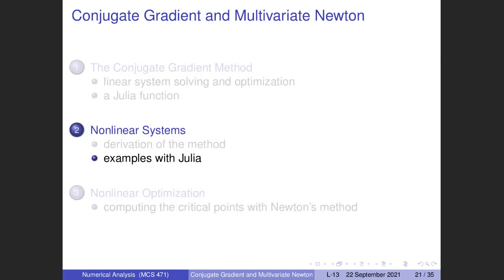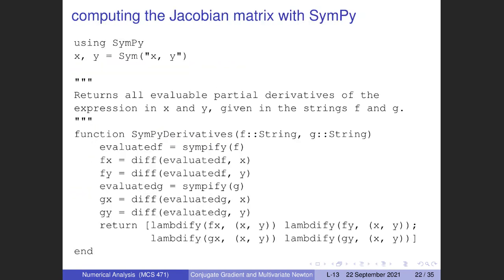All right, so we are going to implement this in Julia using Sympy, generalizing here to two variables. It would be an interesting exercise in symbolic computation to make this work for any number of equations and any number of variables.